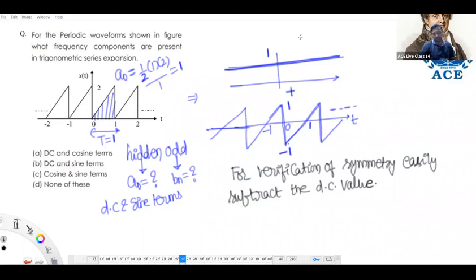That is a technique. We got A naught of 1. DC is there. Because it is an odd periodic function, 100% sine terms will be there.